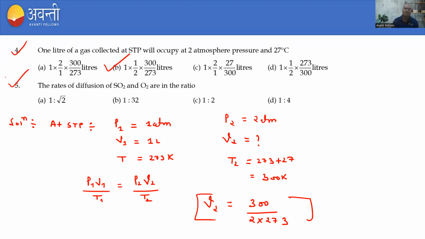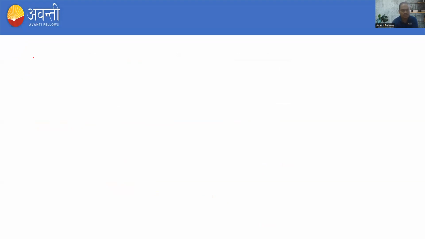This is also from the states of matter and it's based upon Graham's law of diffusion, right? The question says the rate of diffusion of SO2 and O2 are in the ratio. So you need to calculate the rate of diffusion of both SO2 and O2.